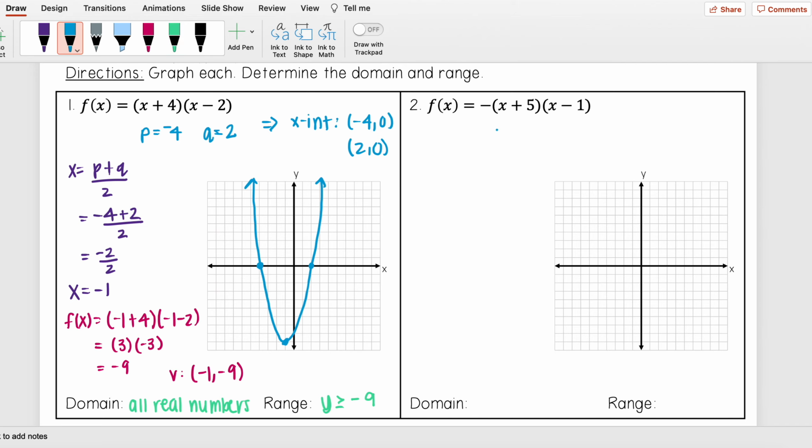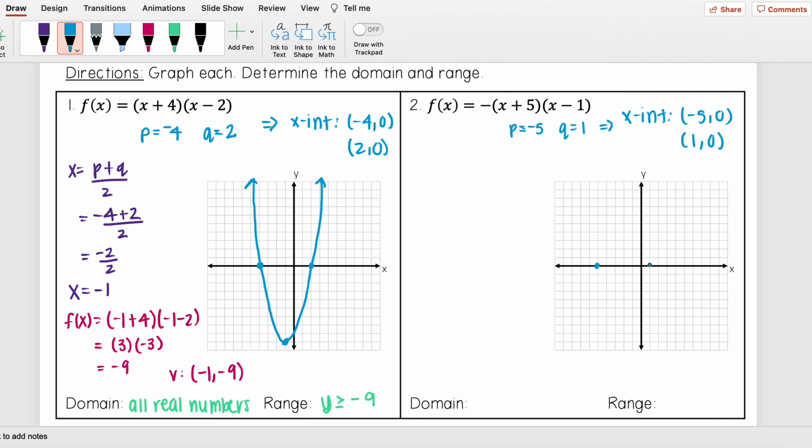Okay, let's try this next one. So again, my first step is to find my x-intercepts. So here my P, since this is a plus 5, that means my P is really negative 5. For my Q, since I see minus 1 here, that means my Q is positive 1. So therefore, my x-intercepts are negative 5, 0, and 1, 0.